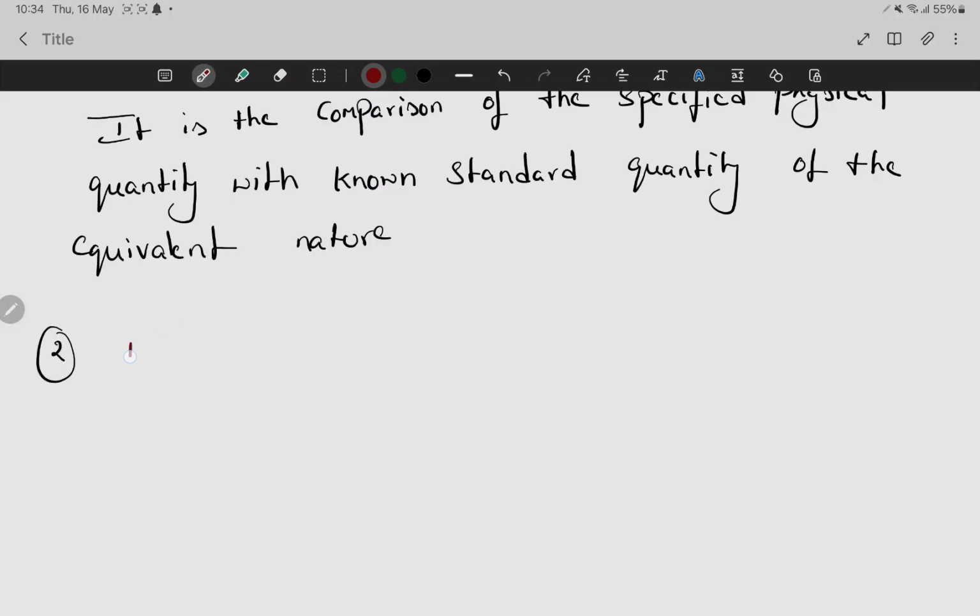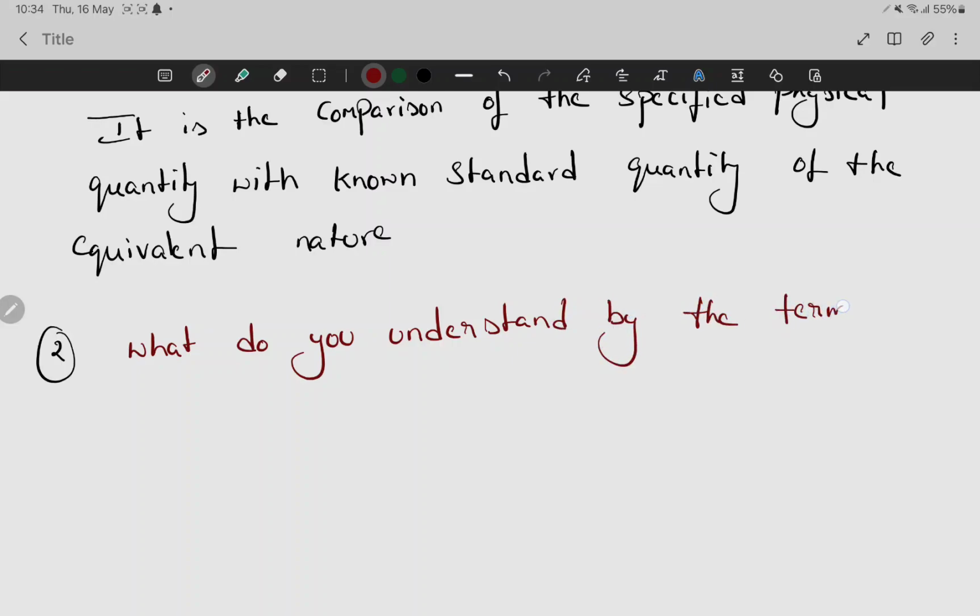Second one, what do you understand by the term unit?